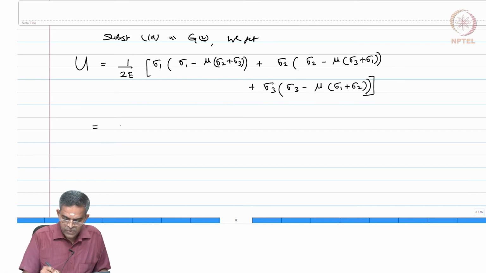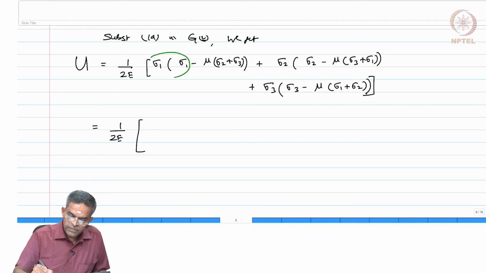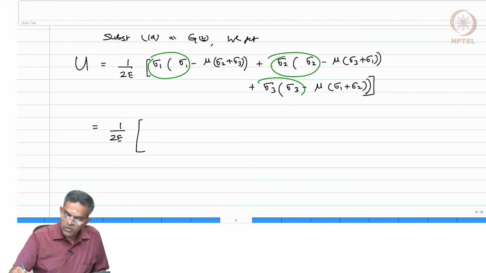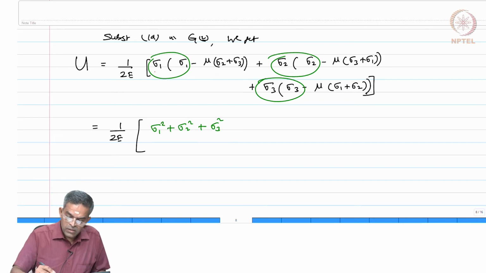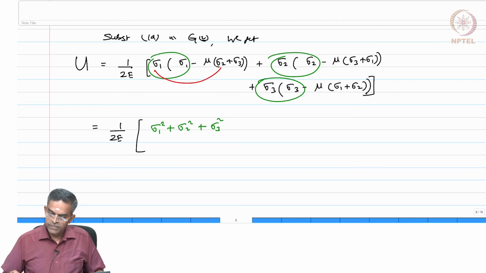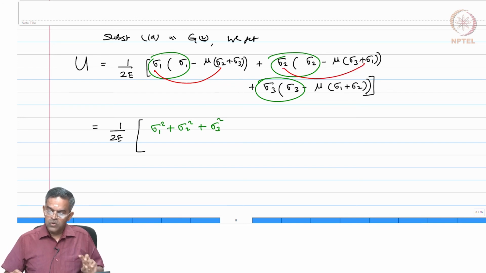Let us simplify this. So, 1 by 2E of, one can see here this product will give me squares. So, let us say sigma 1 square, sigma 2 square, sigma 3 square. Then you will also see sigma 1 sigma 2 once and sigma 1 sigma 2 twice. So, you get 2 products of both repeatedly. Okay? Let us do that.